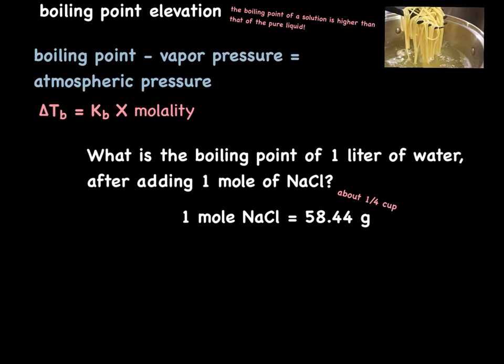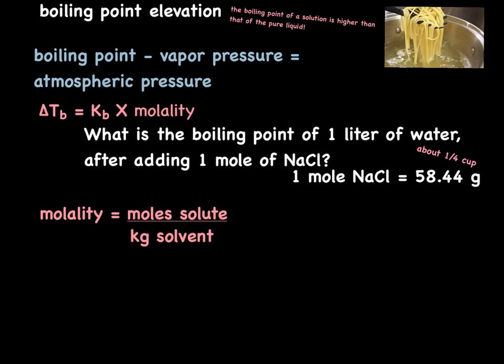Let's start by determining the molality of the solution. Our solvent is water, and we have 1 liter of water, which is 1,000 milliliters. And since the density of water is 1 gram per milliliter, a liter is 1,000 milliliters, which is 1,000 grams.